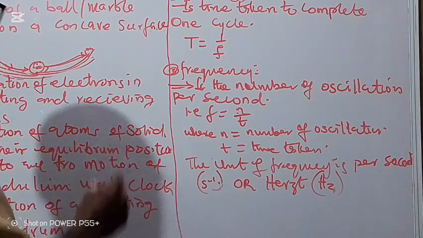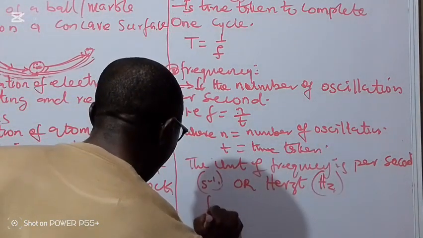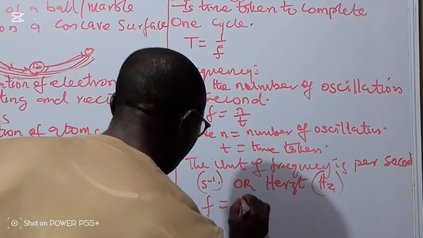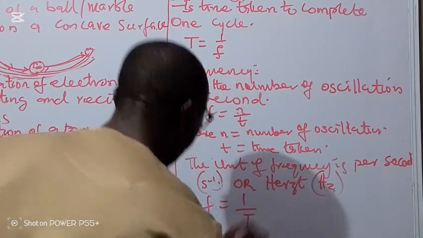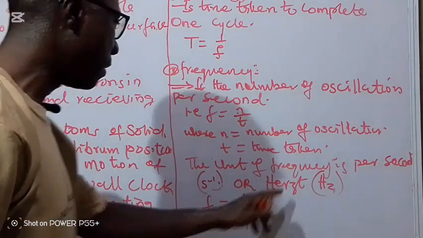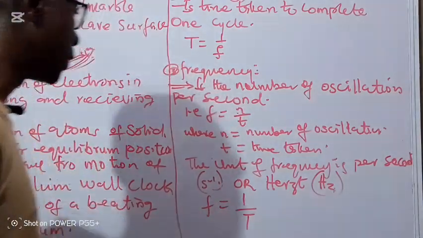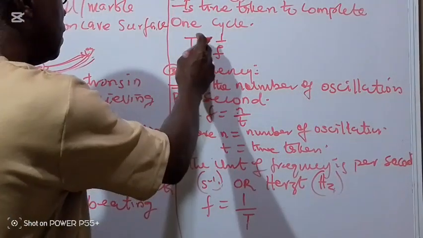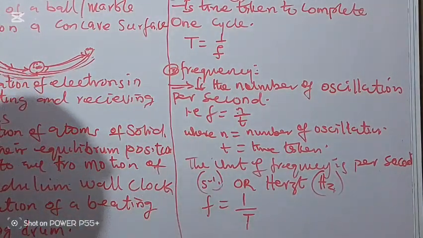So frequency F also can be 1 over capital T. That is where per second comes from, because the unit of period is seconds.